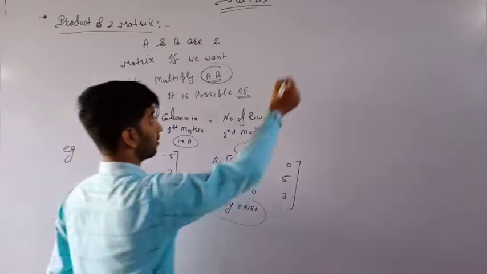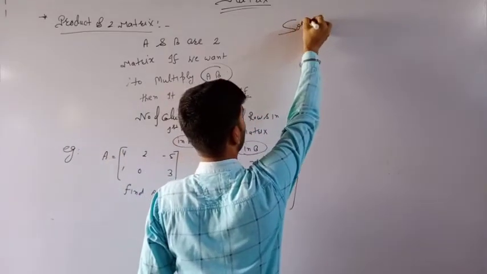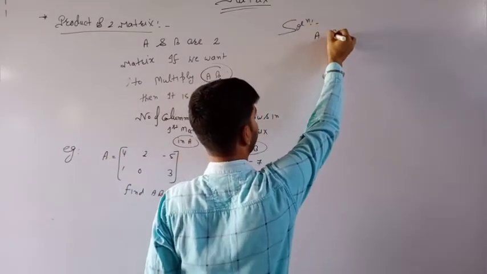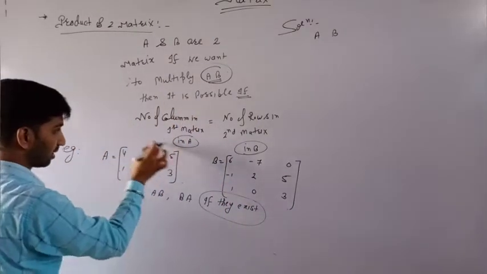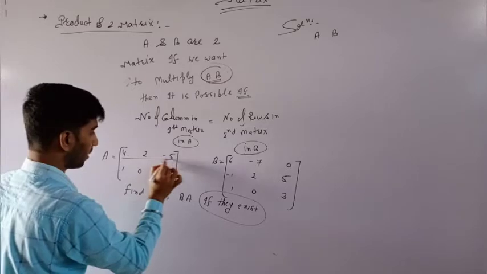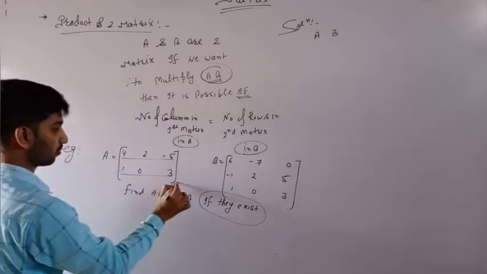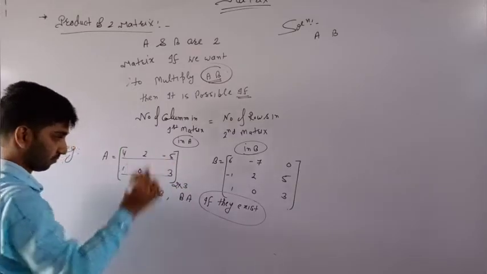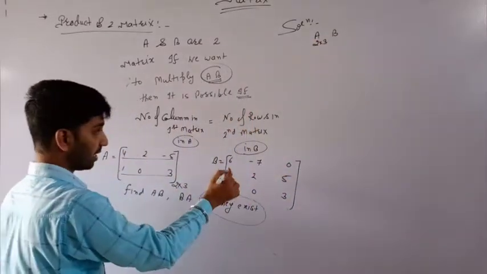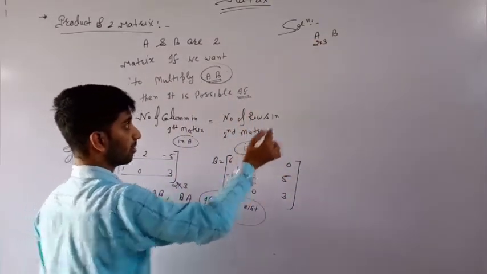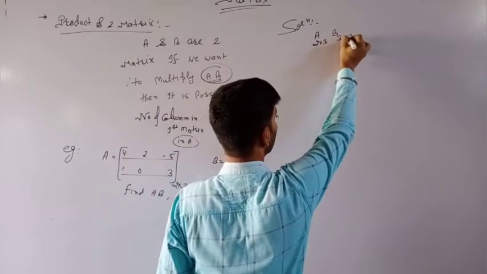So in the solution, first of all we will try to find AB. If we want to find AB, first check the order of A. The order of A is 2 rows and 3 columns, 2 multiply 3. And the order of B is 3 rows, 3 columns.